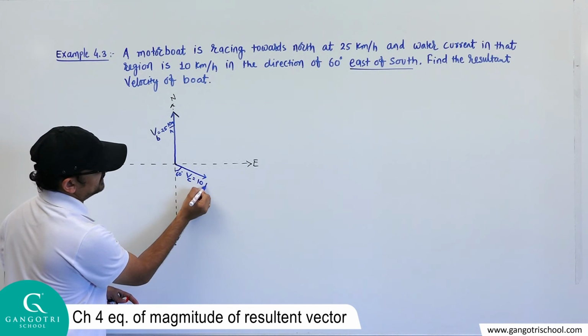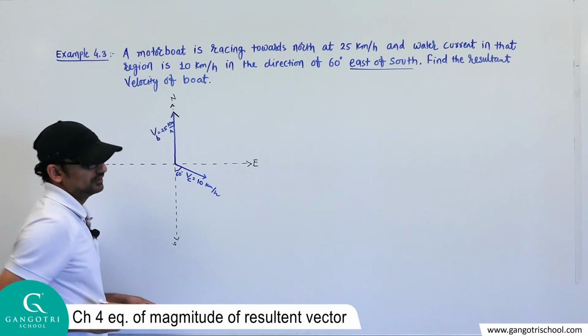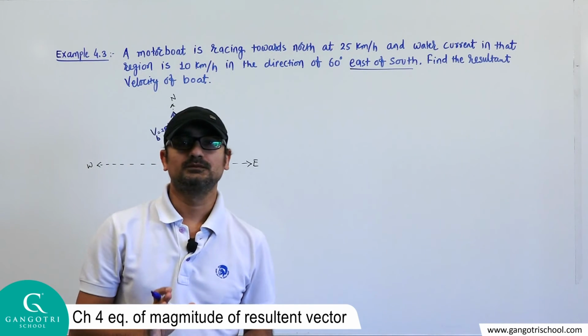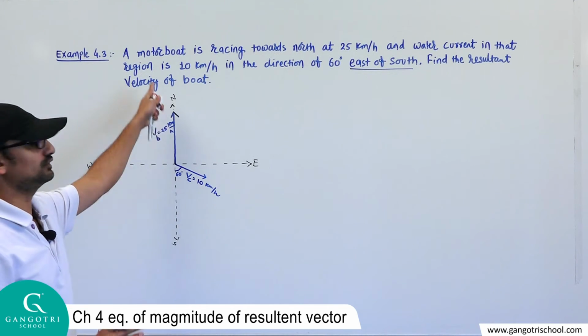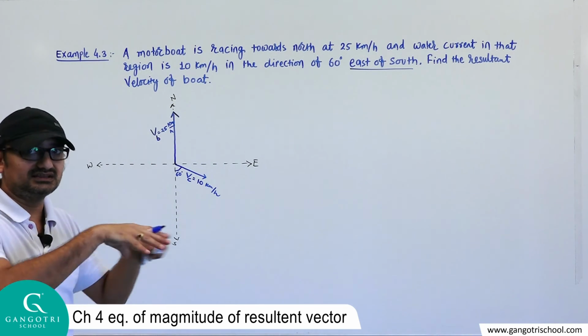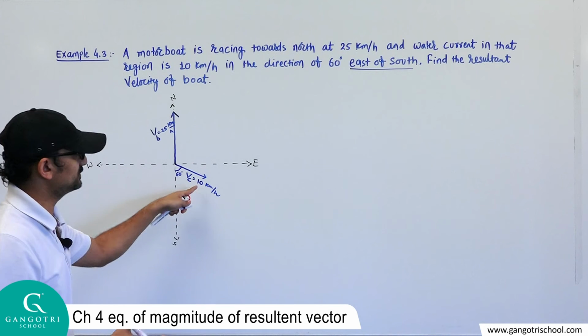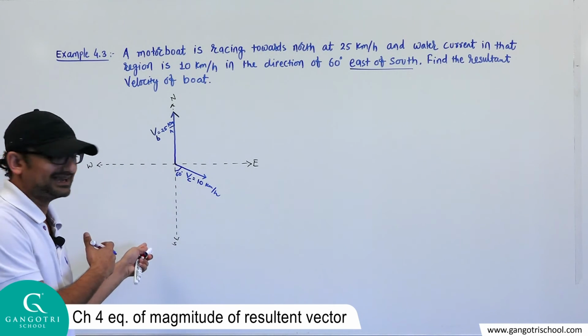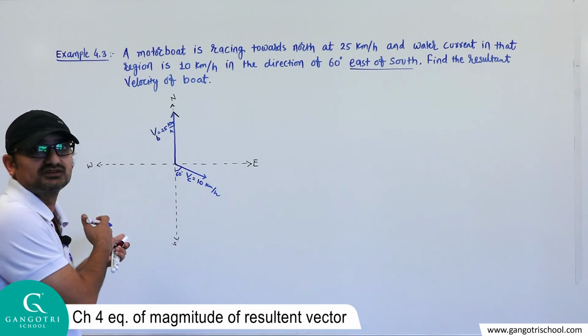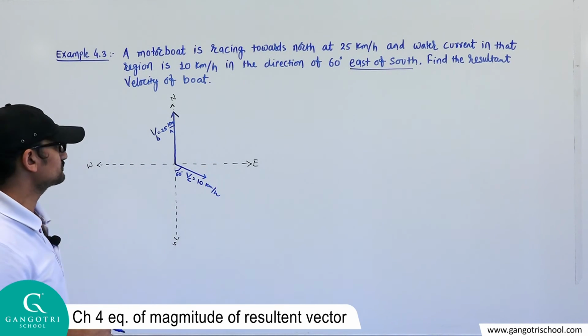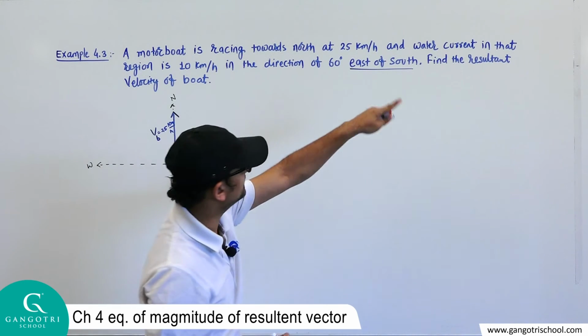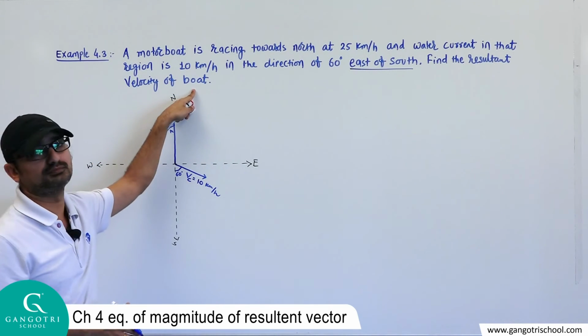That is 10 kilometer per hour. So we have two values: the velocity of the boat, and the water of the river flowing with the speed 10 kilometer per hour, making an angle of 60 degrees from south towards east. So the question is, find the resultant velocity of the boat.